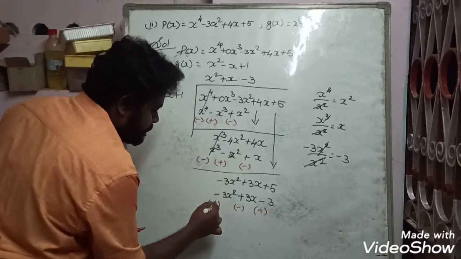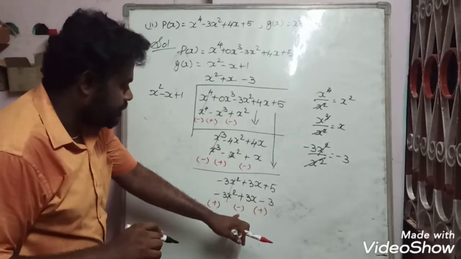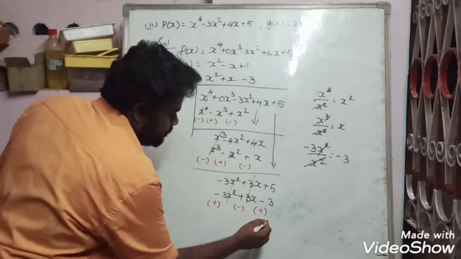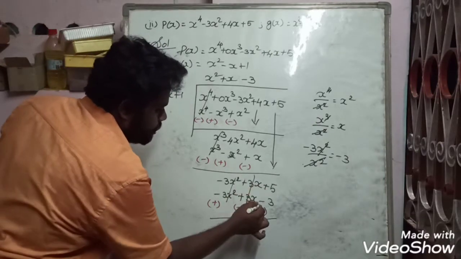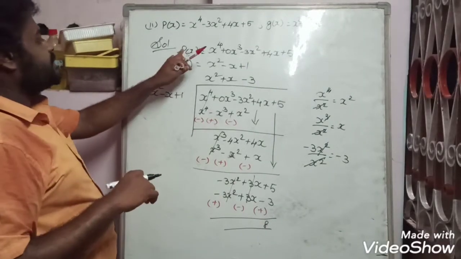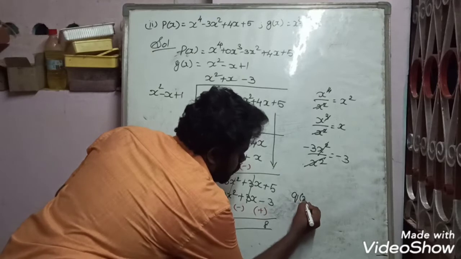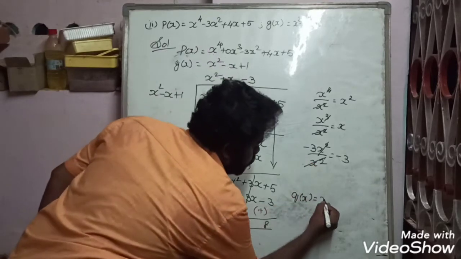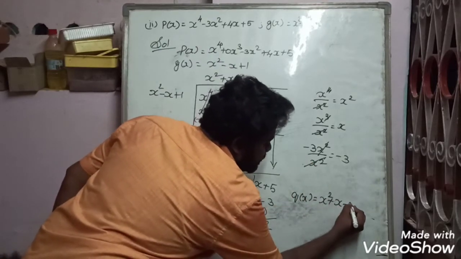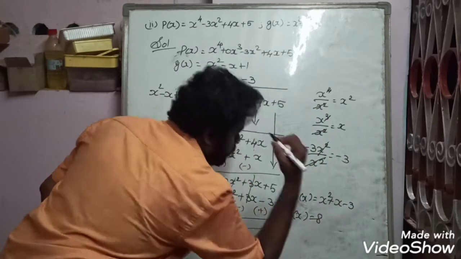Here minus 3x square plus 3x square cancel, plus 3x and then minus 3x cancel, plus 5 plus 3 we get 8. Therefore p of x divided by g of x, we get quotient q of x equal to x square plus x minus 3 and then remainder r of x which is equal to 8.